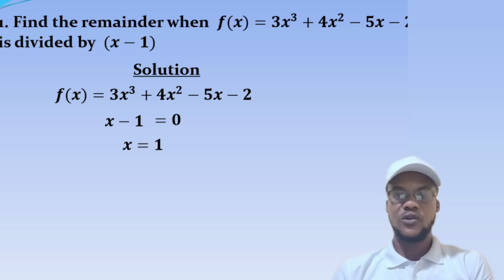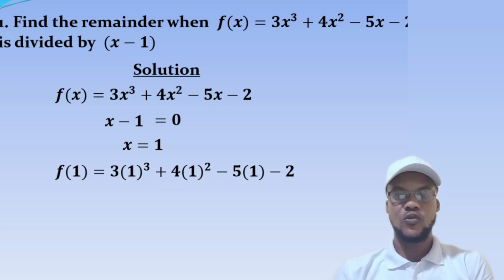Once we've gotten x as 1, you only have to substitute the 1 for x in the function f of x, and then you work out and get your answer. So when we substitute 1, this is what we are going to get.